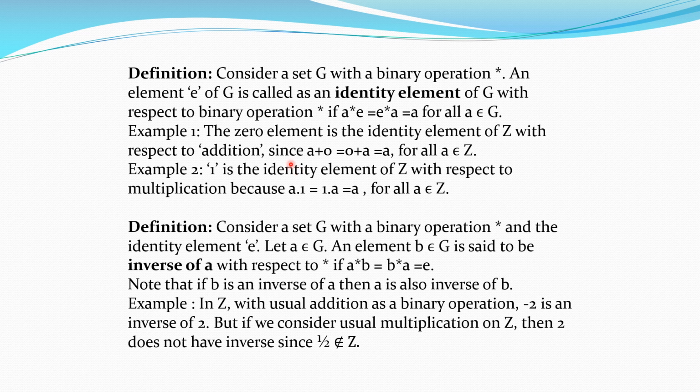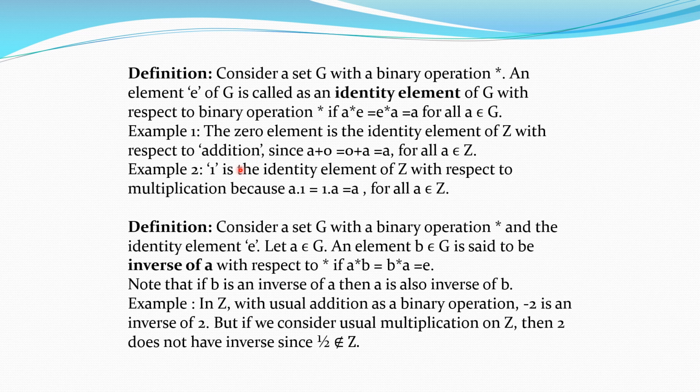Now, if A is equal to 0, then in that case 0 into E is equal to 0. So, that holds for any number. But if A is not equal to 0, then in that case A into E is equal to A. Cancelling A on both sides, we get E equal to 1. And when A equal to 0, in that case also 0 multiplied by 1 is equal to 0.